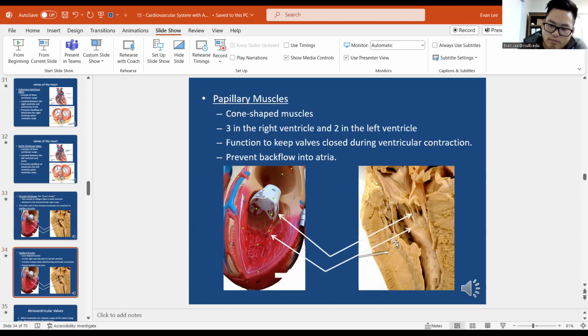You can see those little bump or cone-like muscles attached to those fibers. They are able to contract to pull on those valves to make sure that they don't invert. So you really want to make sure that those valves stay in place. If you do have a leaky valve, that's what causes something called a heart murmur.